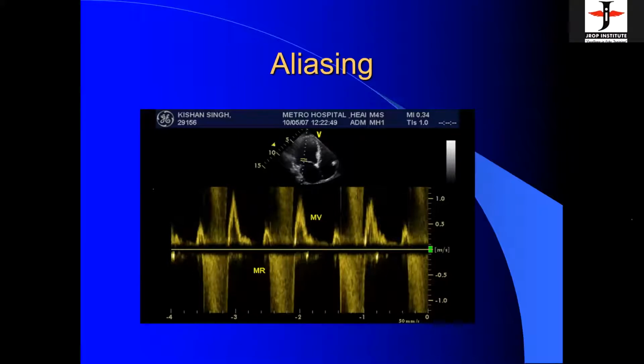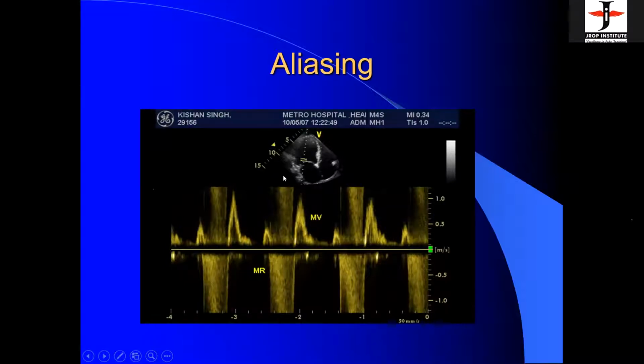Now this is known as aliasing. In a Doppler, you must get a complete Doppler envelope. Now see, this is the mitral valve. We have purposely put a pulse Doppler. And this is diastole, this is systole.